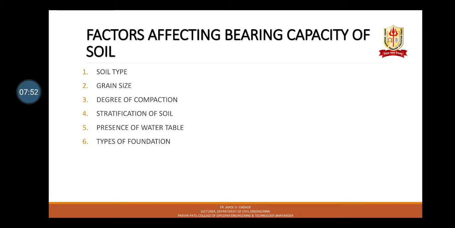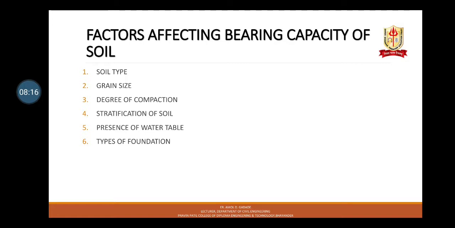Fine grained soil has more bearing capacity. Third is degree of compaction. The amount of compaction also affects the bearing capacity. As compared to rammers, rollers give more degree of compaction. Therefore, more density is achieved using rollers, thus bearing capacity increases.